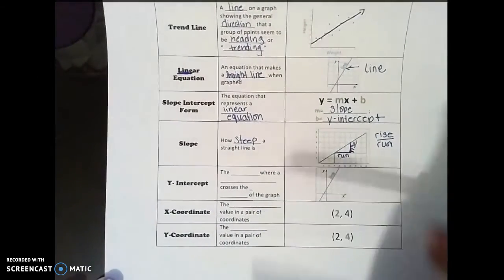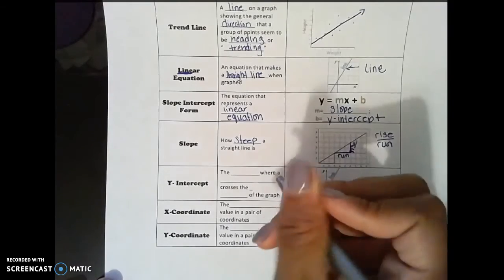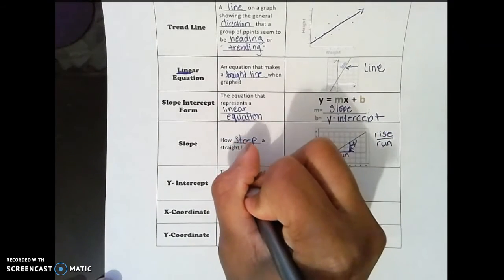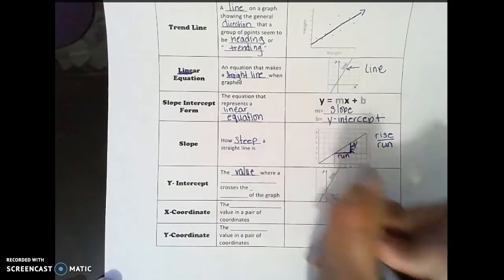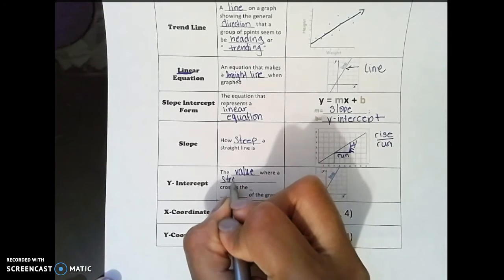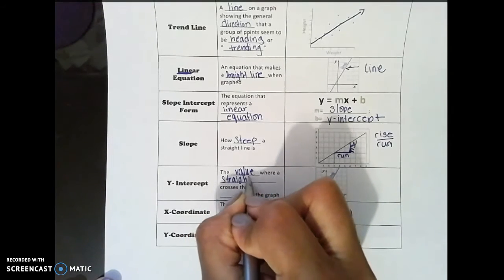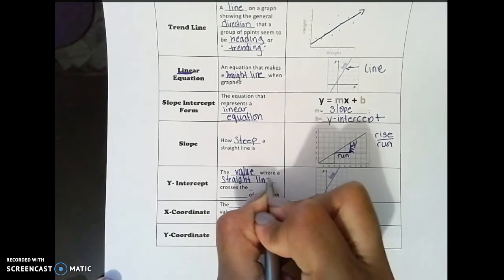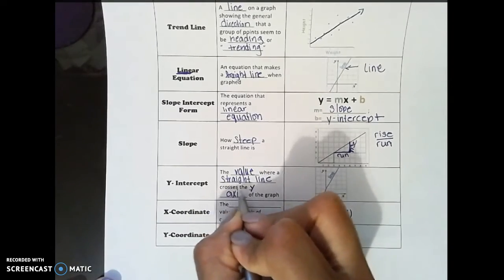Okay. A y-intercept is the value where a straight line crosses the y-axis.